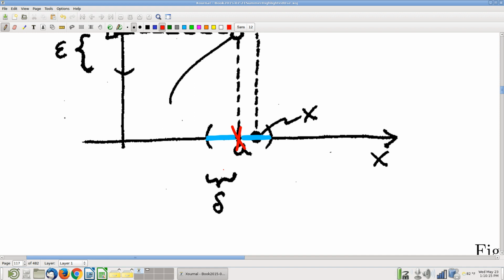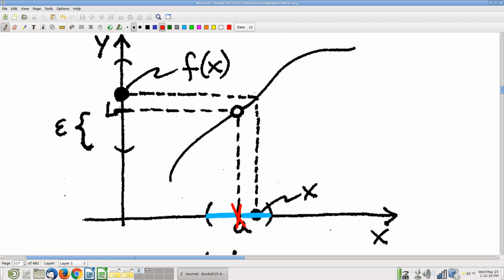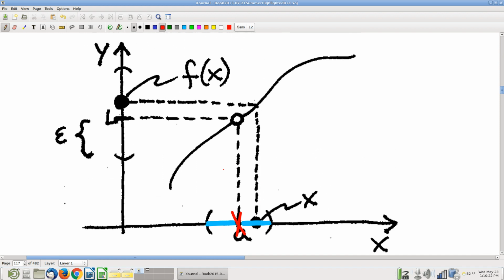Now, why is that an appropriate choice here? Well, let me just remind you, a large part of the reason why we need to talk about limits is that the value of the function may not be defined at the point. The whole reason you're interested in limits in the first place, usually, is that the function's not defined at a.